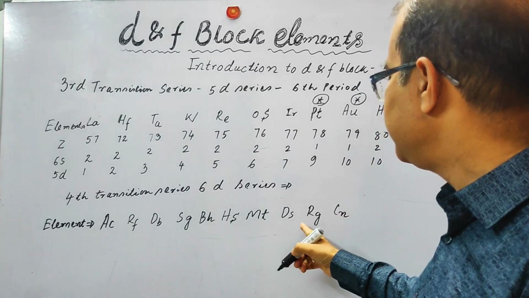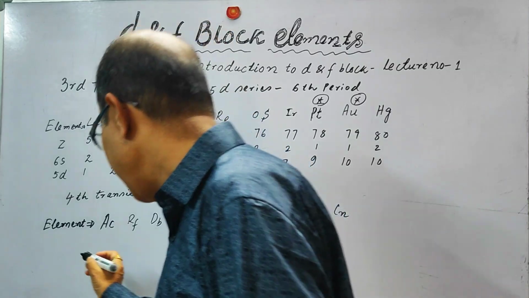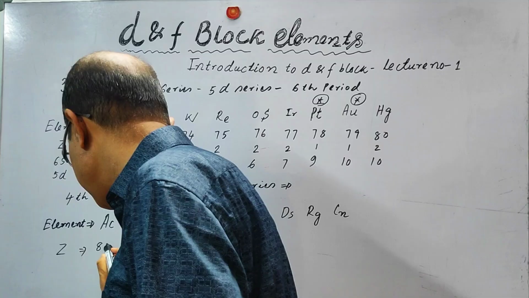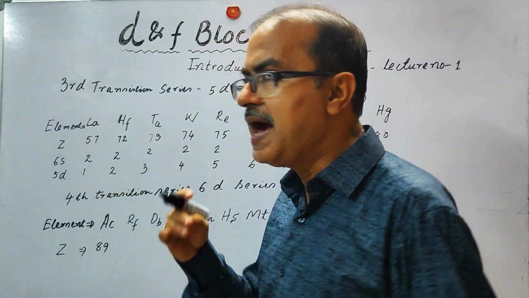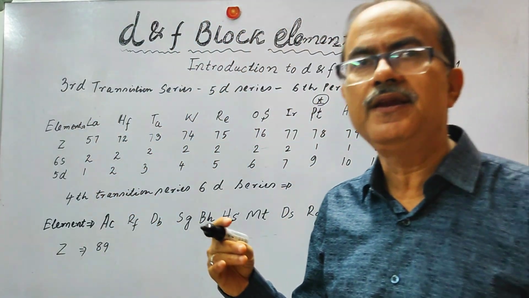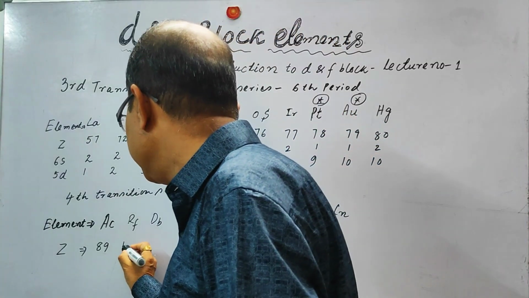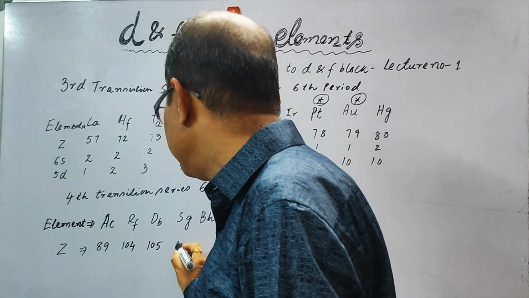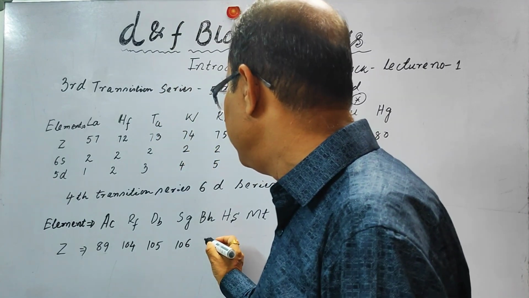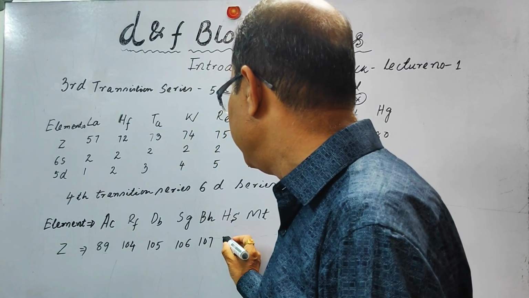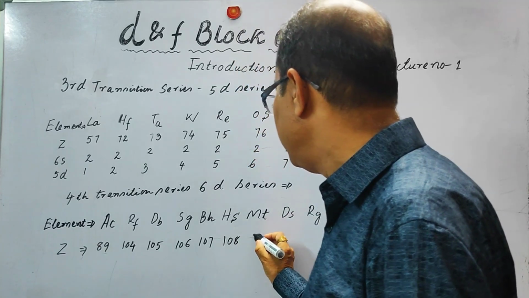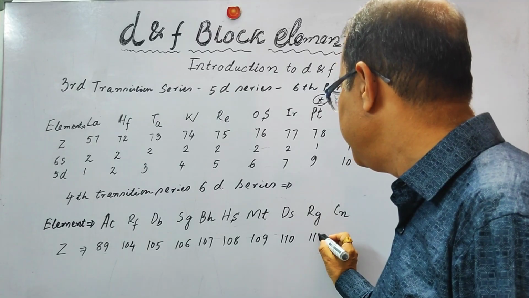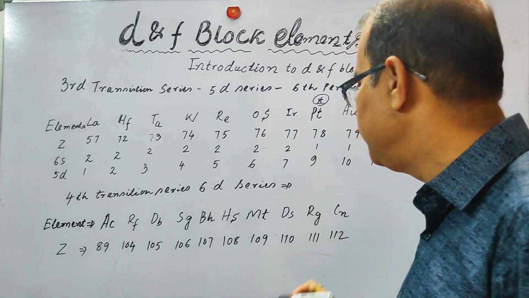So in total you can see 10 elements here, and the atomic number of actinium is 89. So we will add another 14 to this 89. So Rutherfordium will be 104, Dubnium 105, Seaborgium 106, Bohrium 107, then 108, 109, 110, 111 and 112.